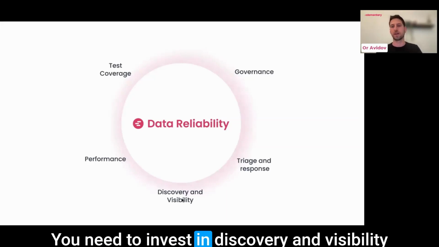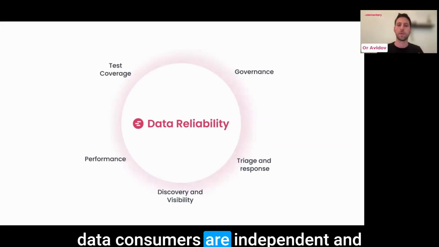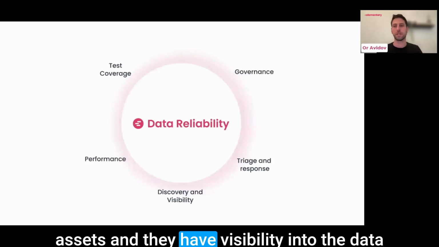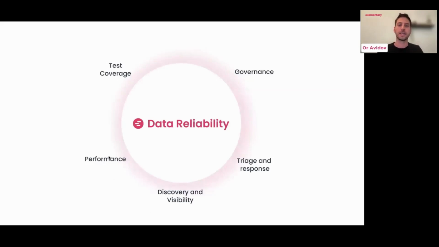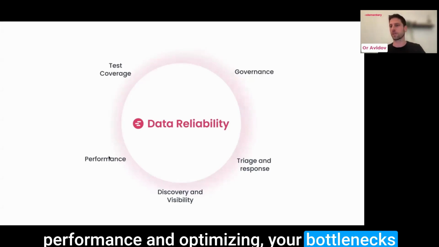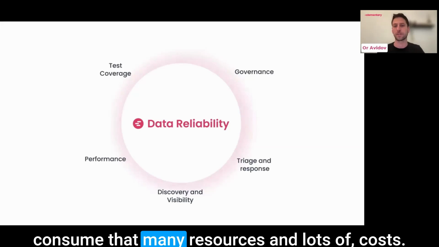You need to invest in discovery and visibility to make sure your business teams and data consumers are independent and understand where they can find their data assets, and they have visibility into the data quality and can trust it and rely on it. And lastly, you need to invest in monitoring the performance and optimizing your bottlenecks to make sure that your pipelines adhere to your SLAs and that you don't consume that many resources and incur lots of costs.